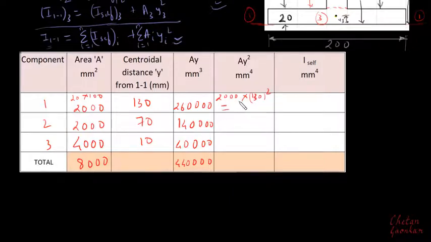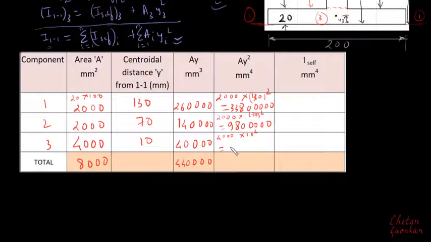This will be equal to 33,800,000. Similarly, this will be 2000 multiplied by 70 square. This will be equal to 9,800,000, and then finally this term will be 4000 multiplied by 10 square.